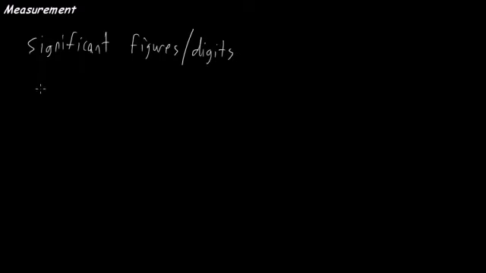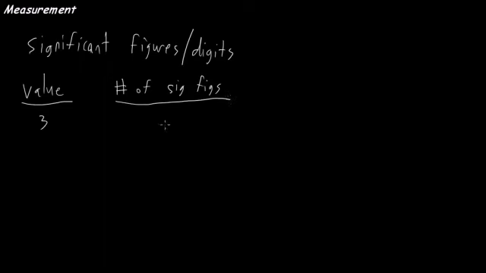The easiest way to start understanding how to do this is just looking at some examples. If I have the number 3, the number of sig figs is one, because it's just one digit there. If I write 300 next, you might say, well, there are 3 digits there, so it's got 3 significant figures.